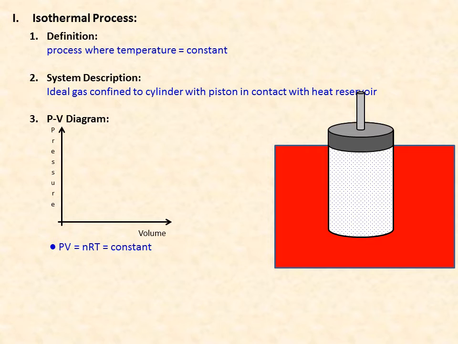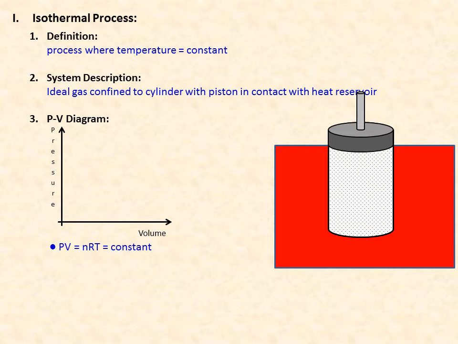When we look at PV equals nRT, remember the right-hand side of that equation: the number of moles is constant because we're looking at a trapped amount of gas. The ideal gas constant, by definition, is a constant. And in this case, the temperature is constant. That's what we mean by isothermal. So the entire right-hand side of that equation is a constant. In other words, the pressure of the gas times the volume of the gas is a constant.